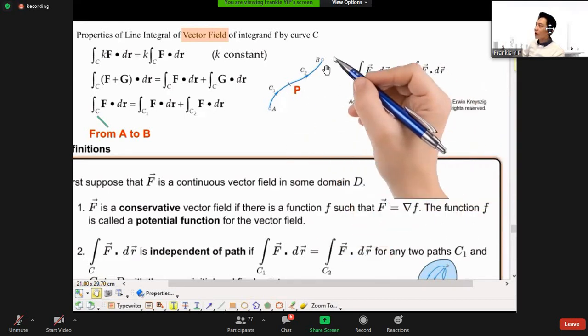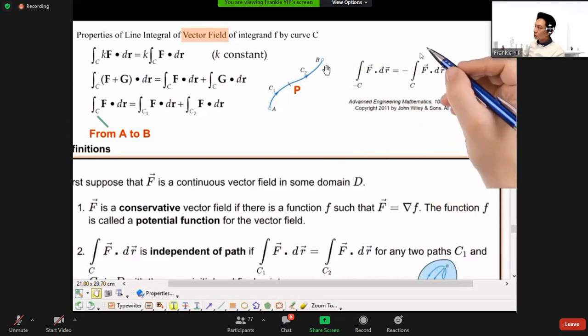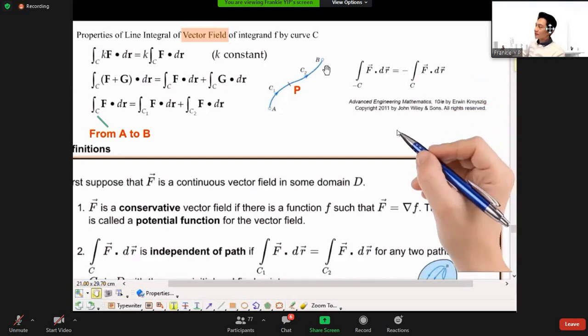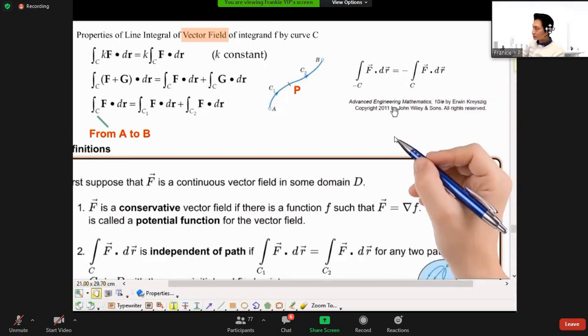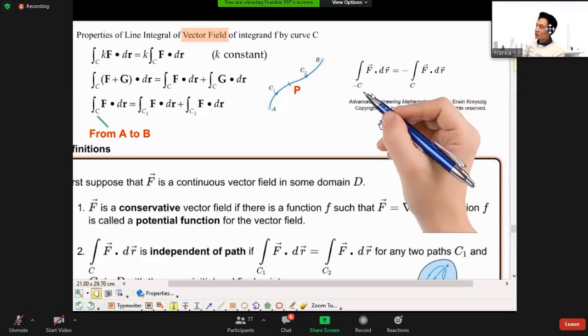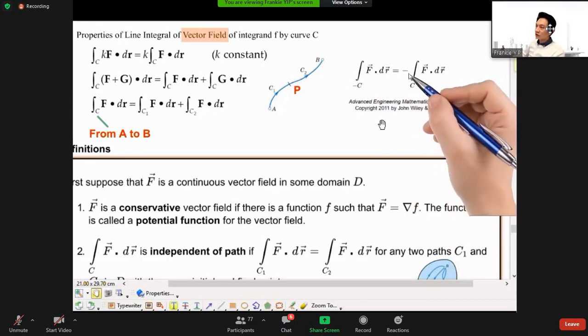That means going downward equals going upward with the minus sign. I think it's pretty easy. Got it? No matter whether you put the negative sign beside the C or in front of the integral sign, it is also fine.